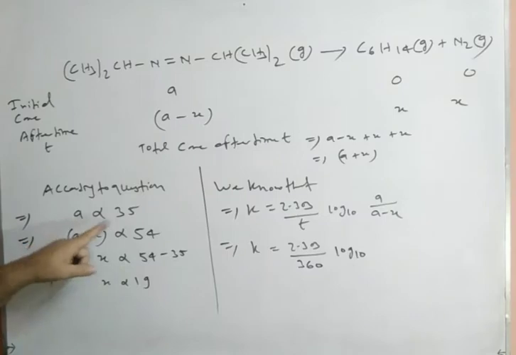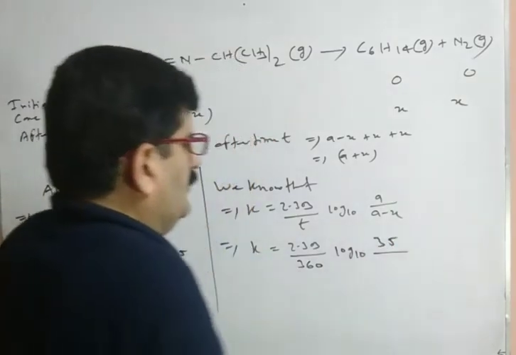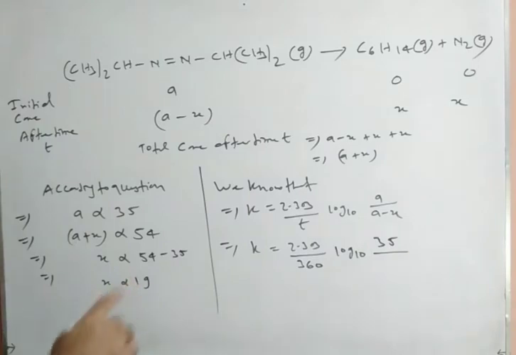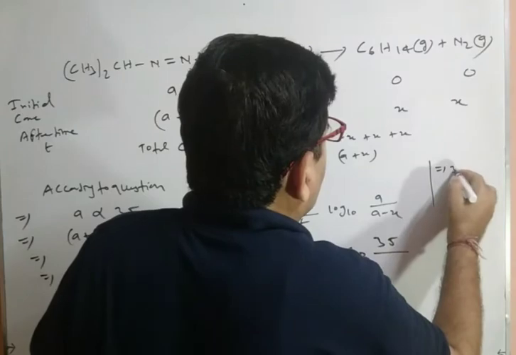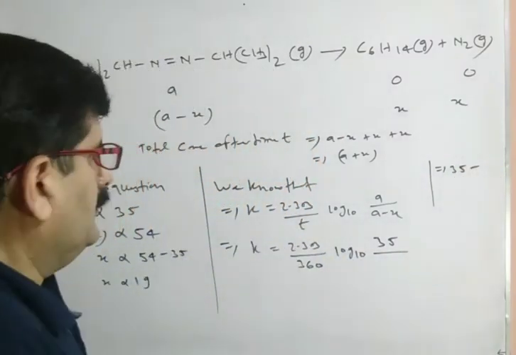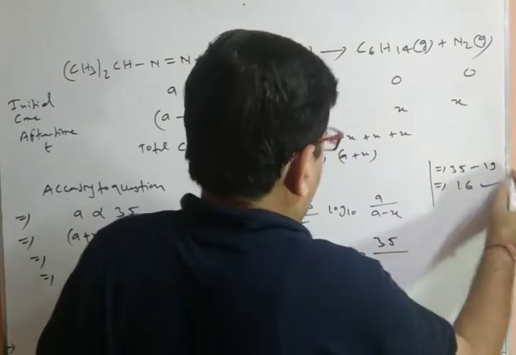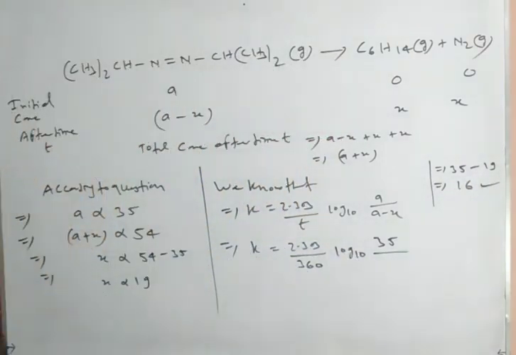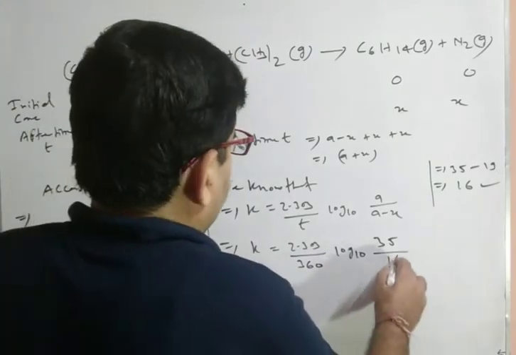Instead of a, we can write 35. Here a is 35 minus x, 19. Means what? 16. a minus x is equal to 16.